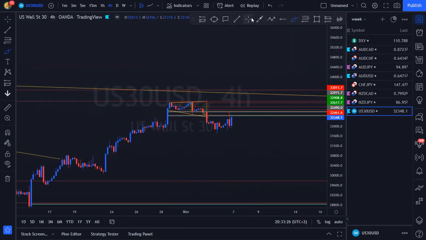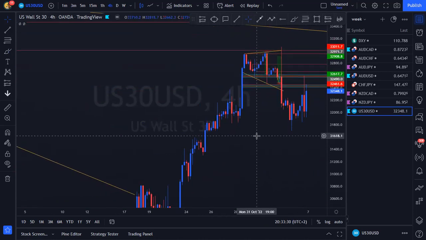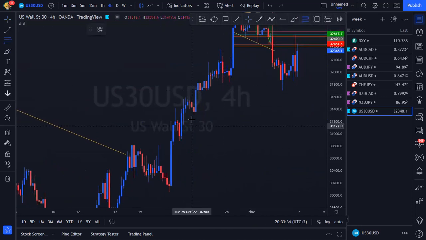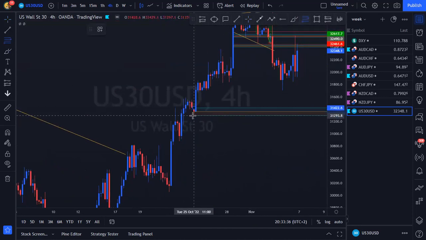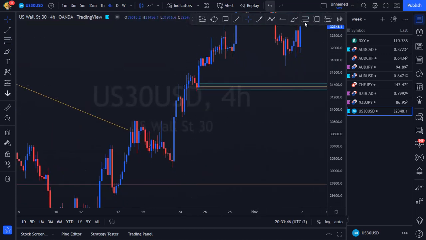We always want to buy where we see other people buying. The most obvious evidence of buyers is a bullish engulfing. Where do I see bullish engulfings on a 4-hour? I see a bullish engulfing over here. I do see another bullish engulfing over here, but let's just leave it for now because it's small. And I see another bullish engulfing down low.